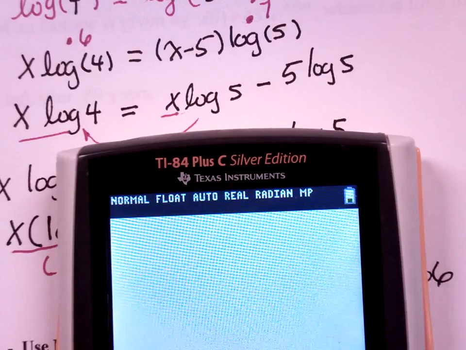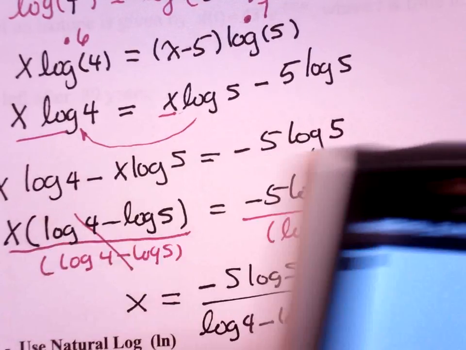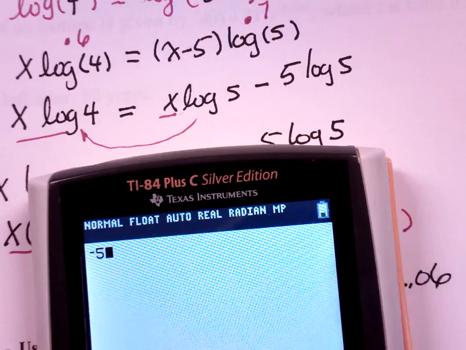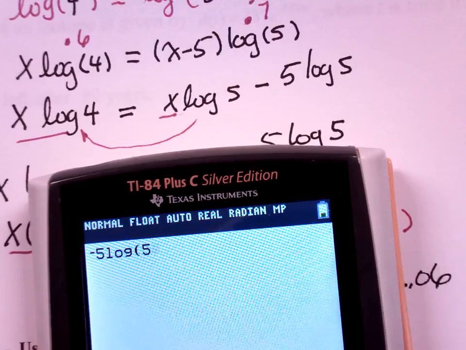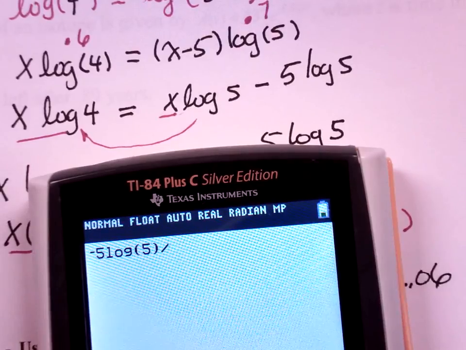I probably should just do it so it would be minus 5 log of 5. Now, I have to make sure that's okay, and that's fine. It's the denominator that's the problem.